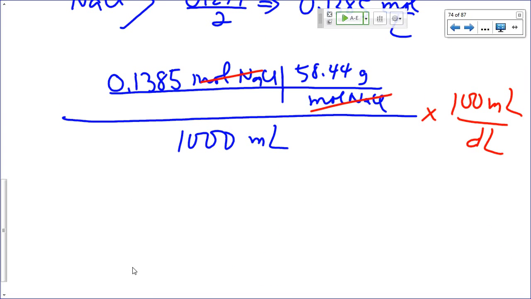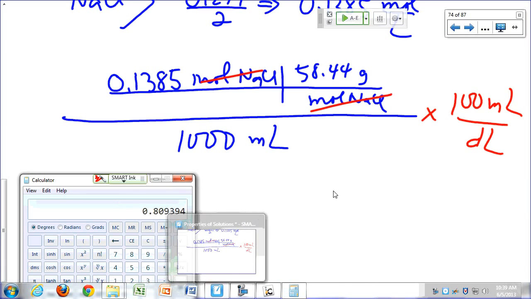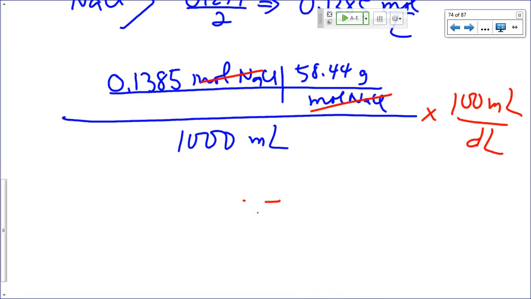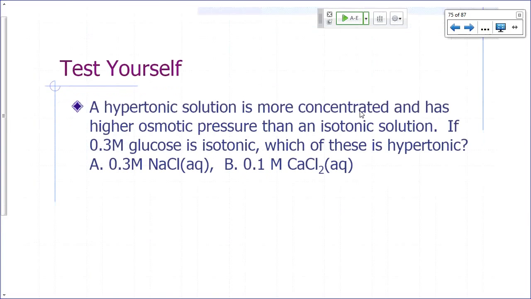So 0.1385 times 58.44 divided by 1,000 times 100 is 0.809% weight by volume. So 0.8% will have the same osmotic pressure. Okay, so those are your 4 colligative properties.